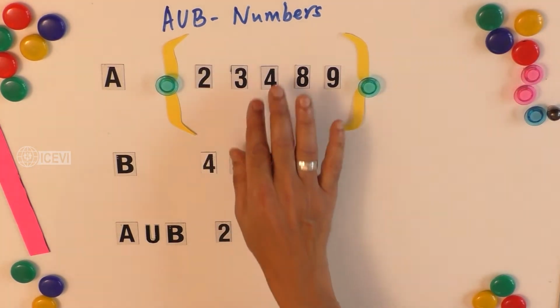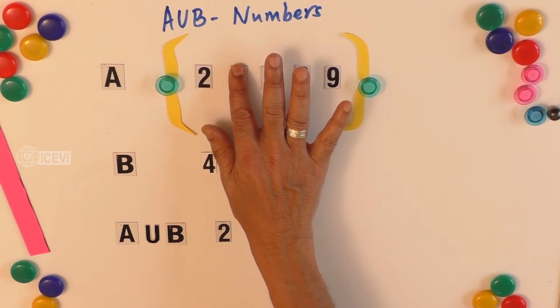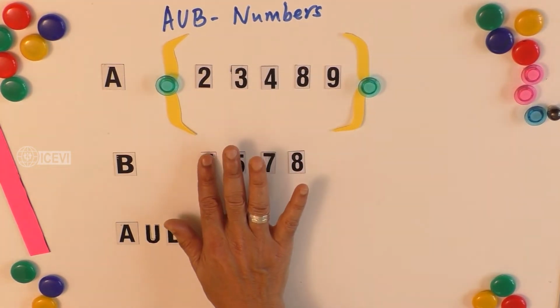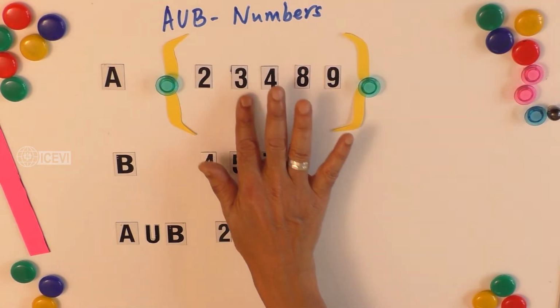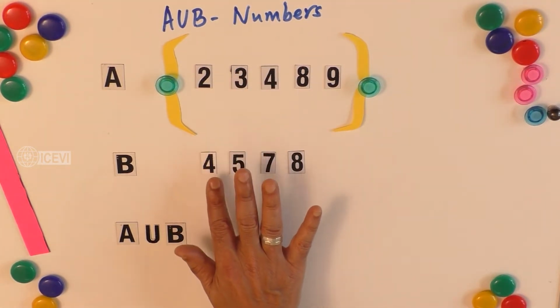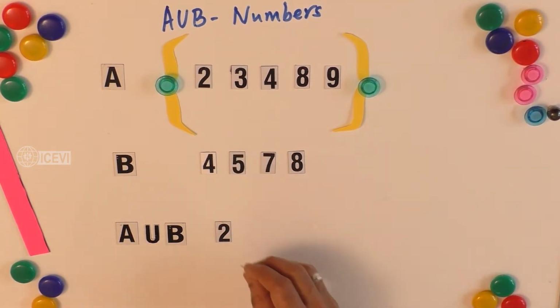Now go to the set A, 3 is the next number. Is 3 found in set B? No. 3 is not found in set B. That means 3 will become part of A union B.